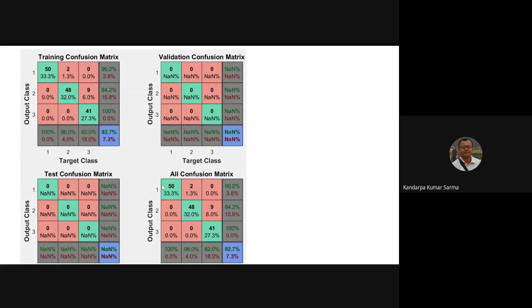From the training, testing and validation stages, we can create training, validation, testing, and confusion matrices, and from these confusion matrices, we can verify that the network has shown a significant range of performance variations, and the best performance given is 92.7. So there is the classification performance.